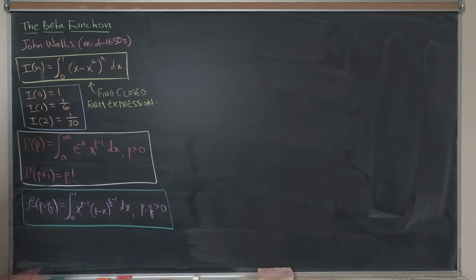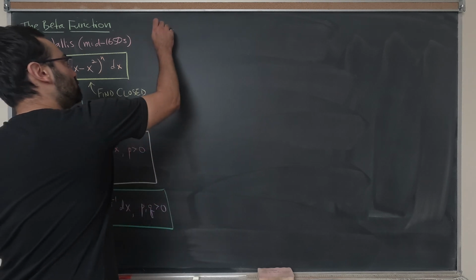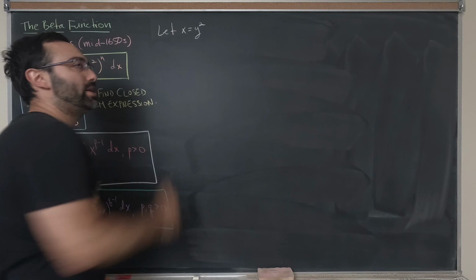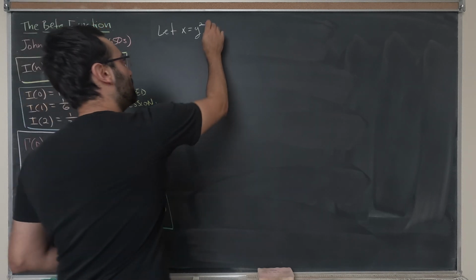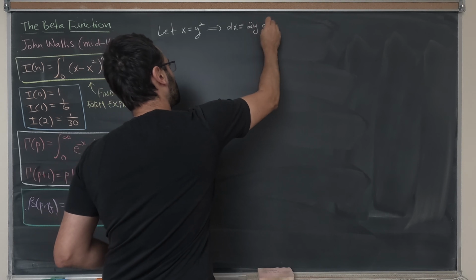So, how are we going to tie the beta function, the gamma function, and John Wallis's integral together? Well, first we're going to work on the gamma function right here. So we're going to make a substitution and let x be y squared. And if we do that, we obtain dx equals 2y dy.